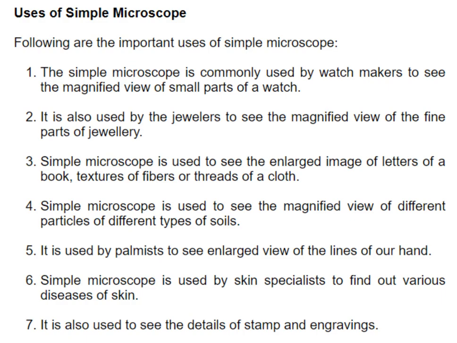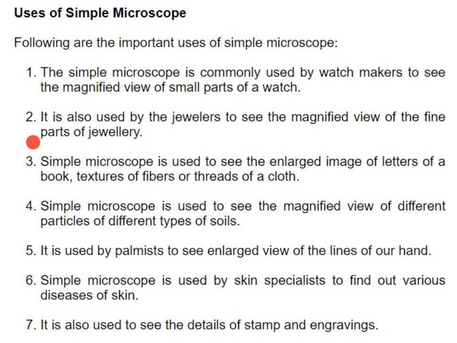Then last, uses of the simple microscope. Following are the important uses of the simple microscope. The simple microscope is commonly used by watchmakers to see the magnified view of small parts of a watch.